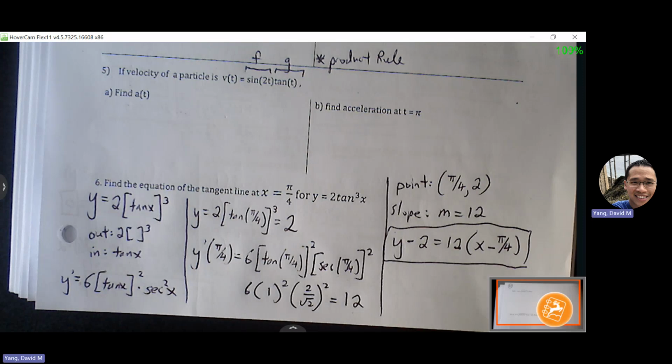Yeah, the retake will be the same one, just different numbers. Same format of all 8 pages. Okay, sounds good.